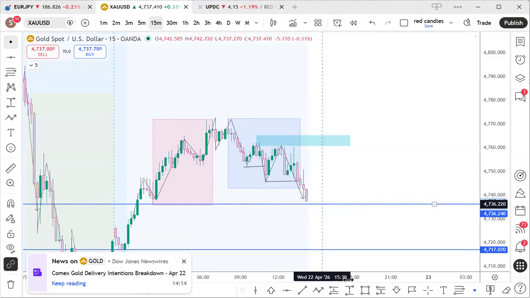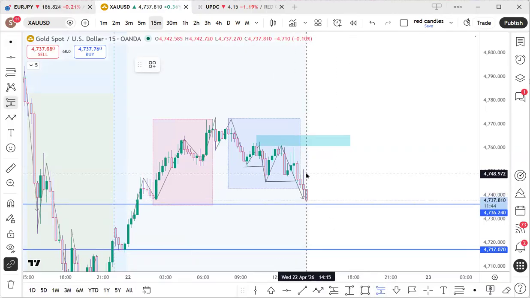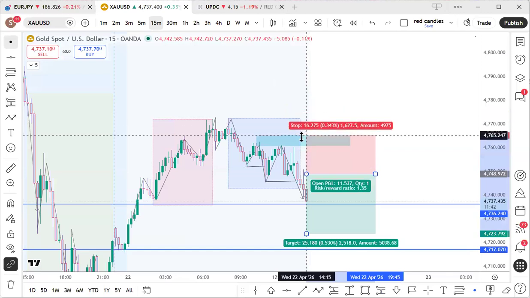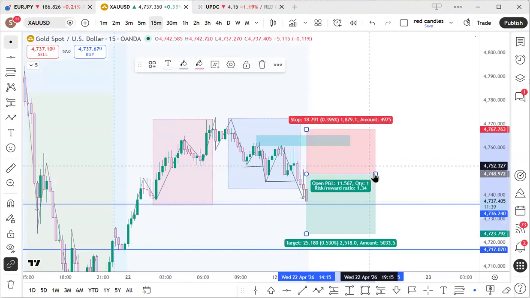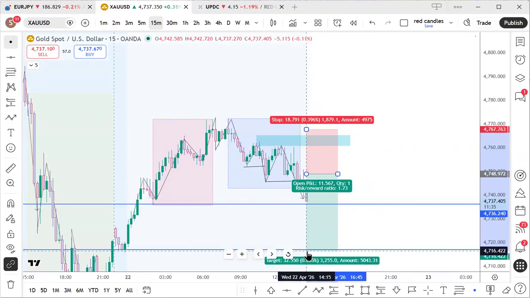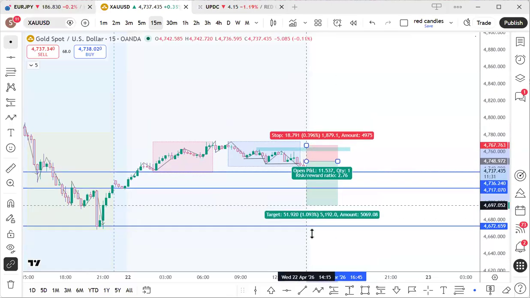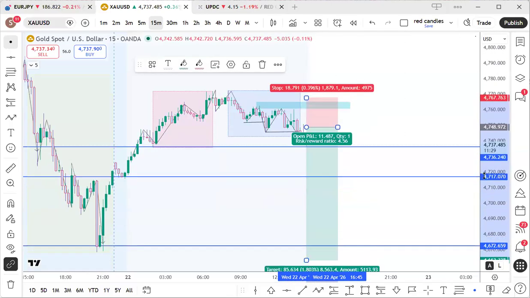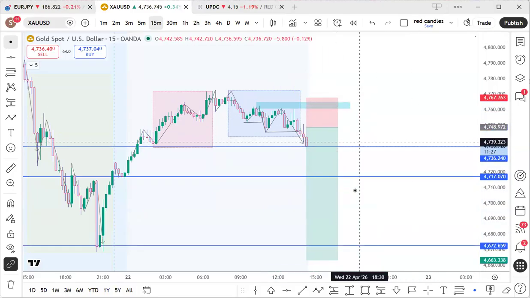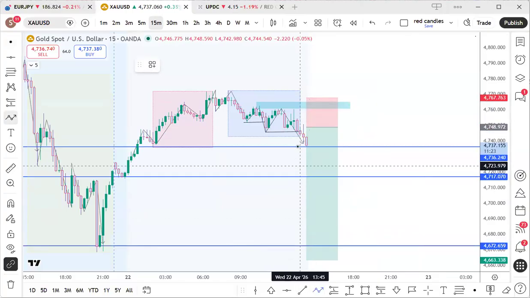If you didn't enter from here, there's no point entering down here because it's quite low to enter at that level now. So we expect it to potentially even come all the way down. But the question will now be, will it give us all that movement? Or we just wait and see.